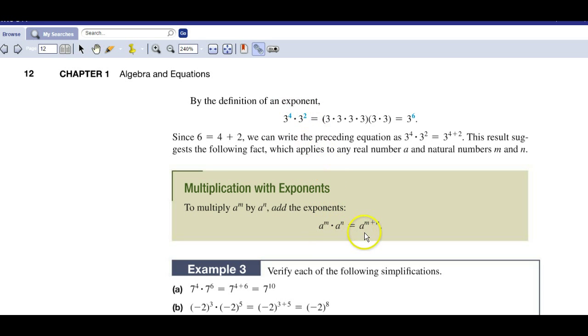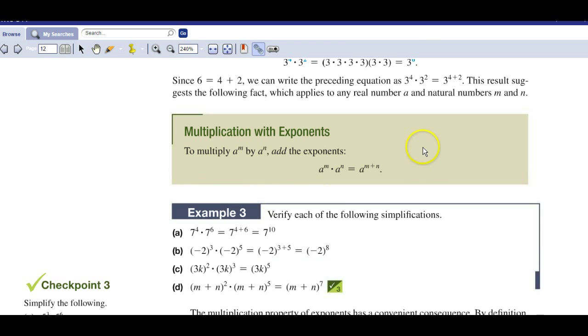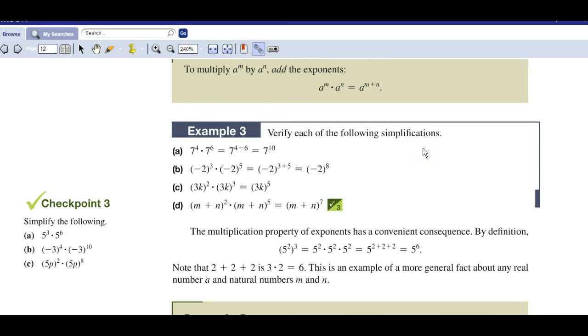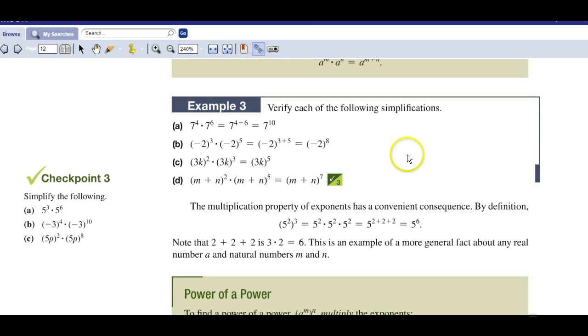And here is the rule. So this is what I would write in my notes. And then, of course, in your homework log, you're going to have some examples. Now, they do give you the examples and the answers.